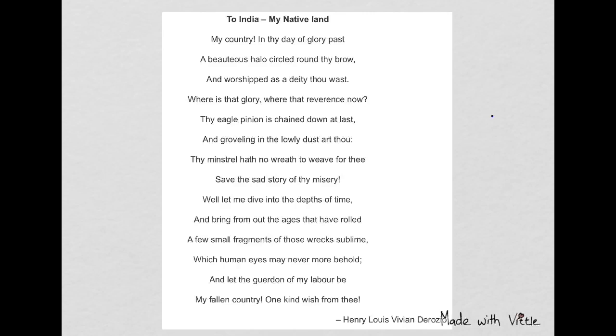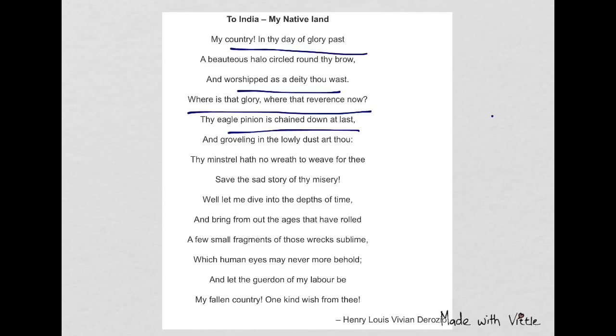Addressing his motherland, the poet says that in old days, India was worshipped as a deity, as a goddess. He wonders where that glory and that respect is gone. Why did they disappear? And he regrets the fact that his motherland has now been reduced to the position of a slave to the British Empire.